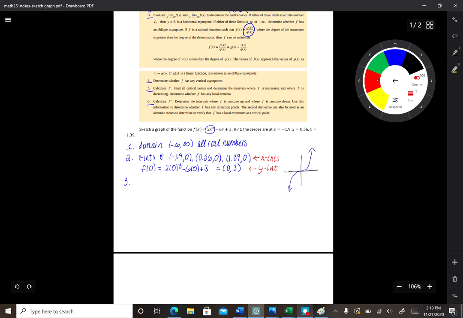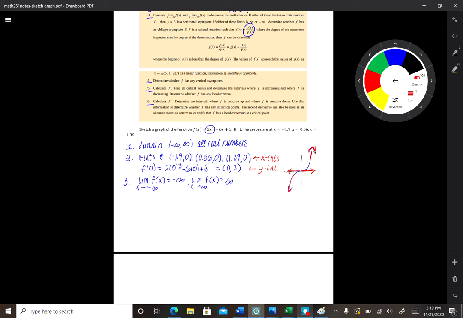So that means that the limit as x goes to negative infinity of our function is negative infinity, because as we get really big in the negative direction on the x-axis, we also get really big in the negative direction on the y-axis. And the limit as x goes to positive infinity of our function is positive infinity, because as we get really big in the positive x direction, we also get really big in the positive y direction.